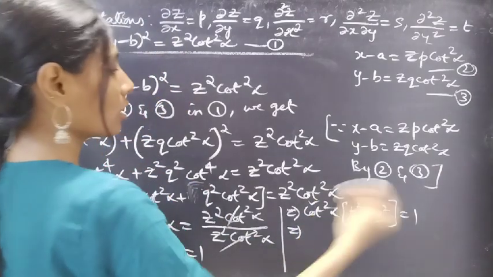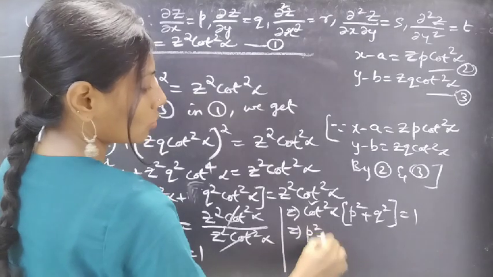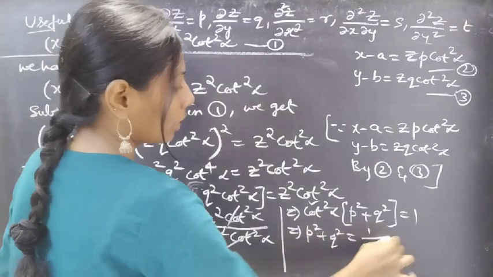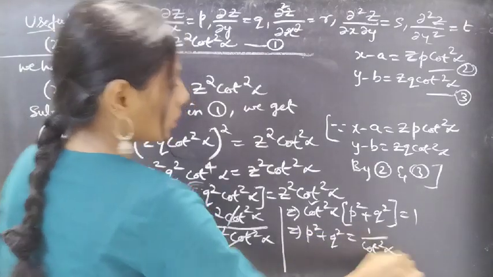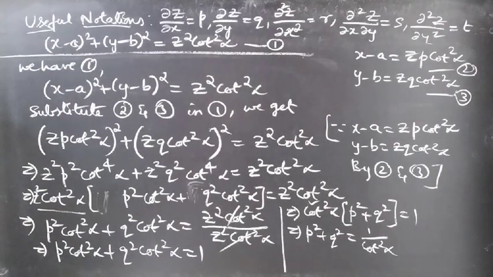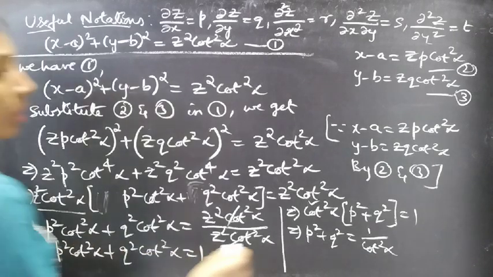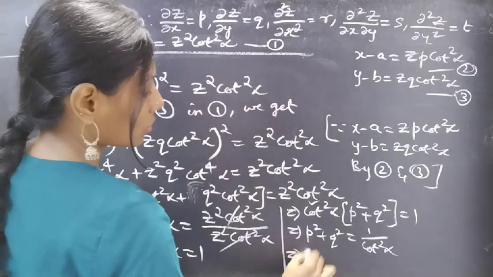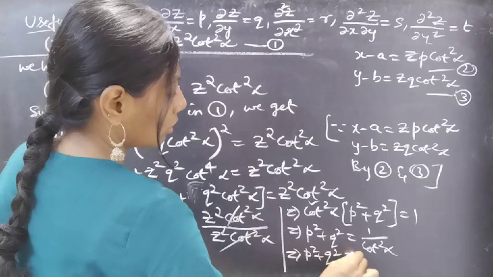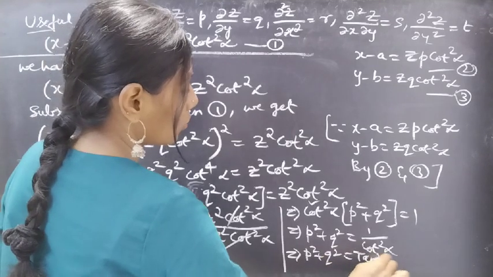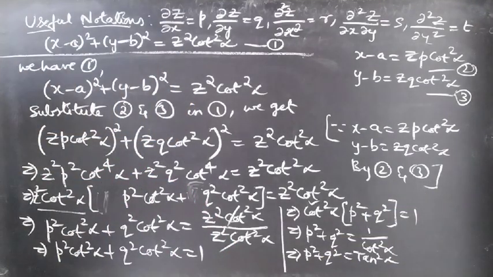Now take this cot square alpha to the RHS, you'll get p square plus q square equal to 1 by cot square alpha. Since we know that the reciprocal of cot is tan, the reciprocal of cot square alpha will be tan square alpha, right? This gives us p square plus q square equal to tan square alpha, which is the required solution.